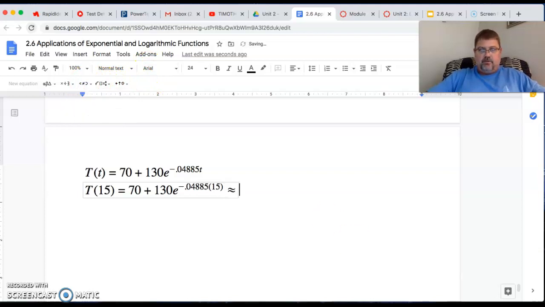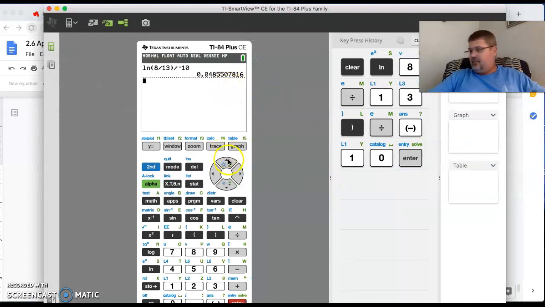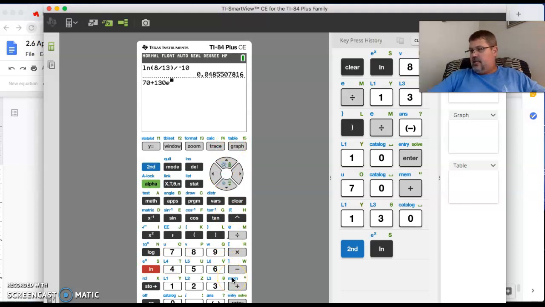Let's go to the calculator. We're ready to go with that because we've already saved our rate right here. So we want 70, we're plugging it into the function, plus 130. And I'm going to get my e from here. Now we want negative kt, so I want this to be negative.